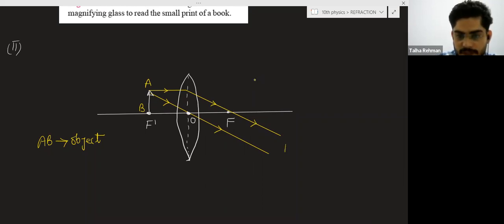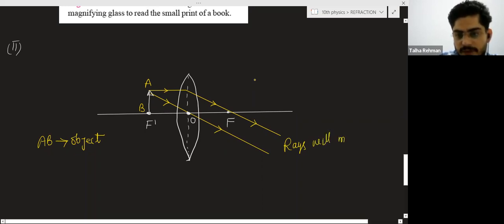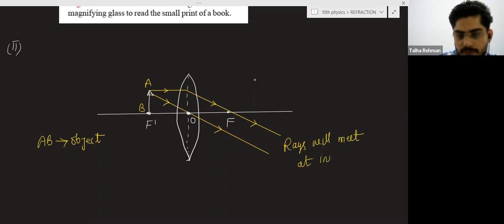Okay, so the rays will meet at infinite. Okay, so the image will form at infinite.